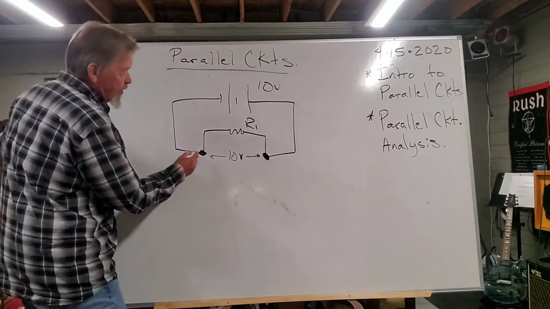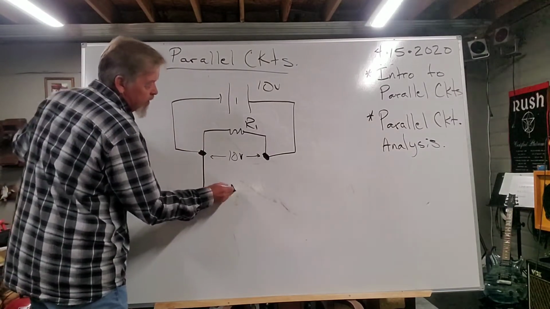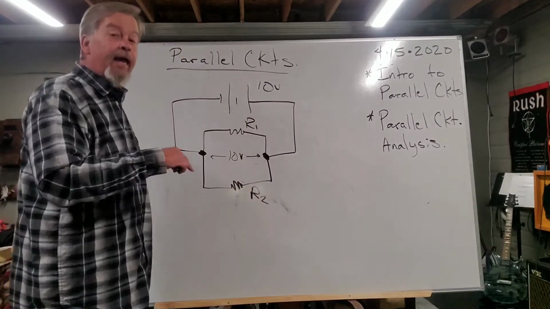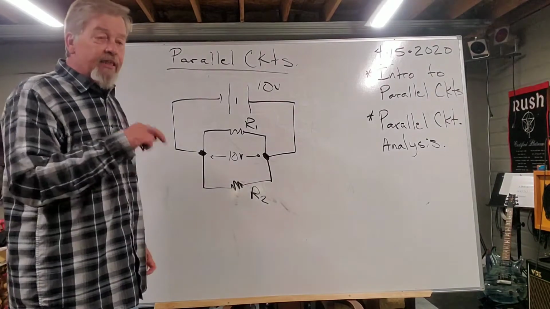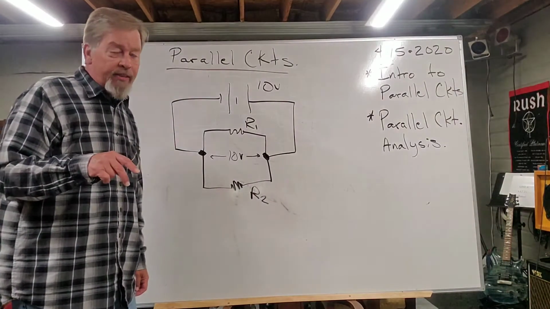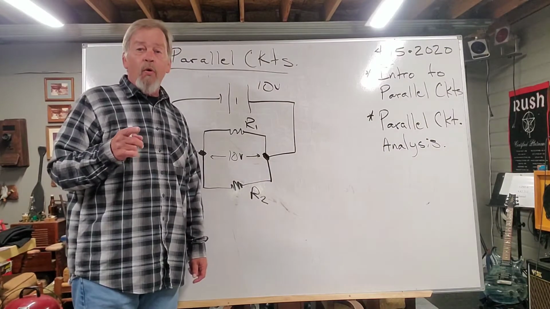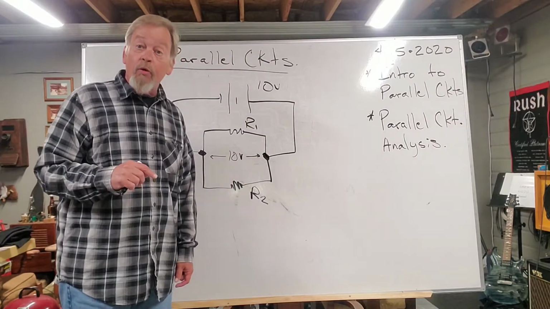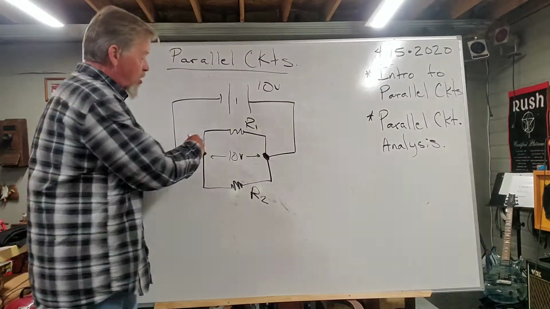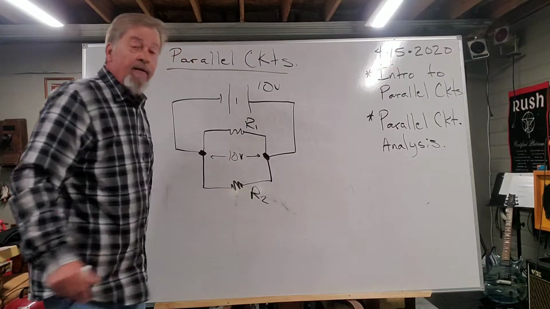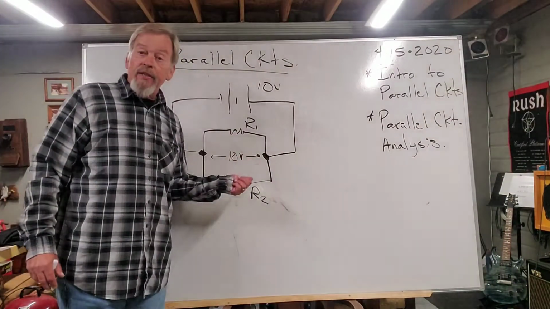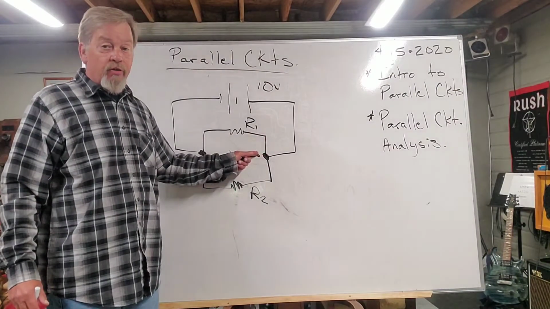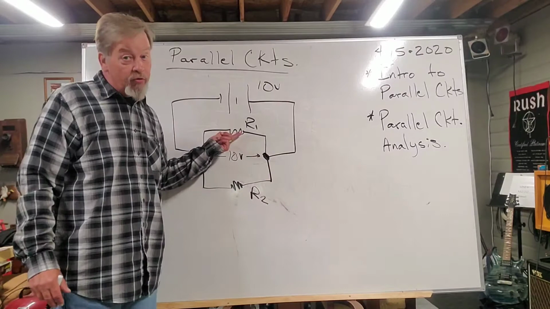And look, even if I have another resistor and it comes down and it's connected also to those same 2 points, since voltage is the difference between the 2 points, and I'm connected to the same 2 points, well, the voltage across each one of these resistors will be the same. The voltage across each one of these paths that the resistors are in will be the same. If I got 10 volts from this point to this point, and I hook up a resistor from that point to that point, I'm going to have 10 volts across it.